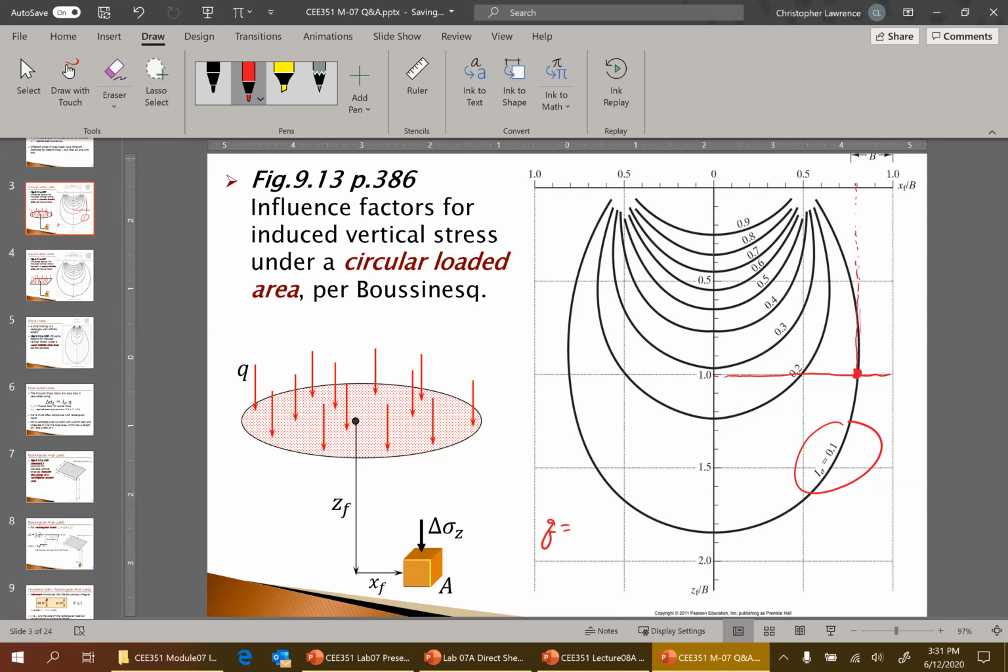So that's understandable. The author here who provided the answers for this one, your textbook author, estimated that I equals 0.1. Here's 0.2, so right about here is 0.15.